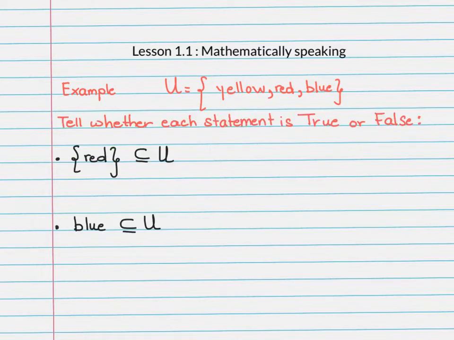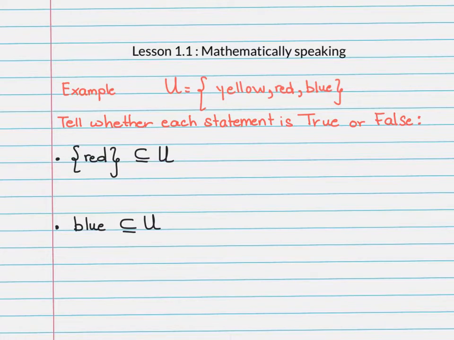We are working still in the same universal set and we have a question. Tell whether each statement is true or false. Let's start. It says that the set, why is it a set? Because we can see the two curly brackets that contain the element red is a subset of the universal set U. Let's see. First of all, before we say it's true or false, we have to make sure that we have the following conditions.